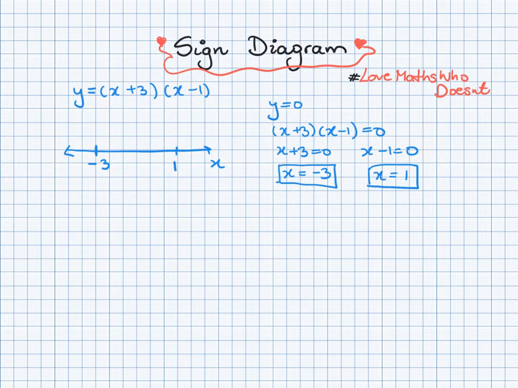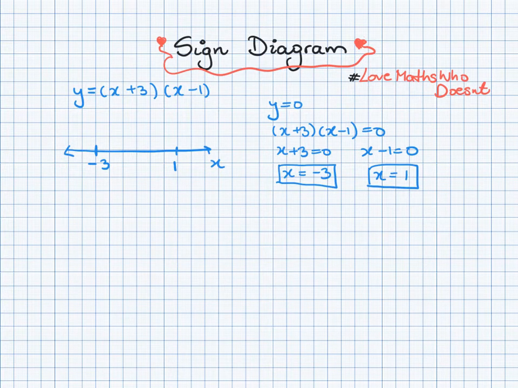And how are we going to do that? We're going to choose a number, for example, that is bigger than 1. We can't choose 1 because then this is equal to 0: 1 take away 1 is 0, and anything multiplied by 0 is 0. So it has to be bigger than 1. Let's choose x is equal to 2.